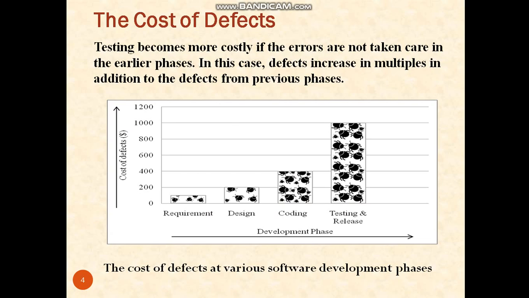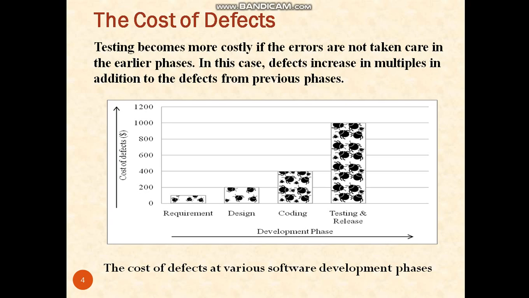Now the cost of defects. Testing becomes more costly if the errors are not taken care of in the earlier phase. In this case, defects increase with multiple additions to the defects from previous phases. Consider the cost of defects at various phases of software development.